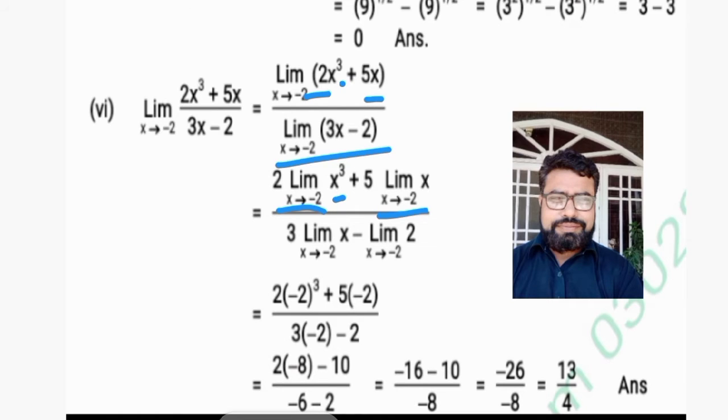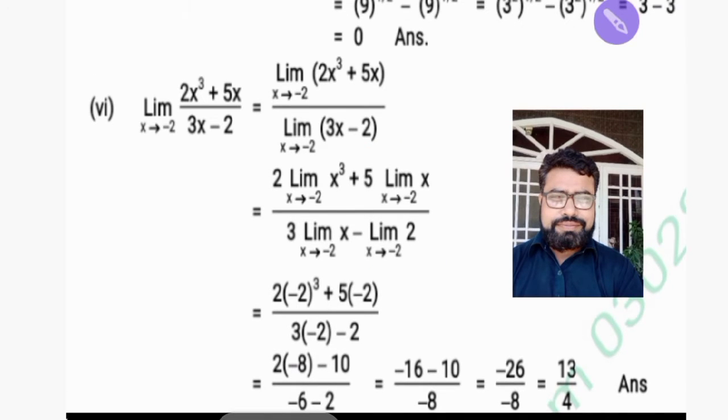And now in denominator, coefficient is 3. We will write 3 outside the limit, and limit x approaches to minus 2 will be written with x, as there is sign of subtraction. So we will write sign of subtraction, and we will write limit x approaches to minus 2 with 2.